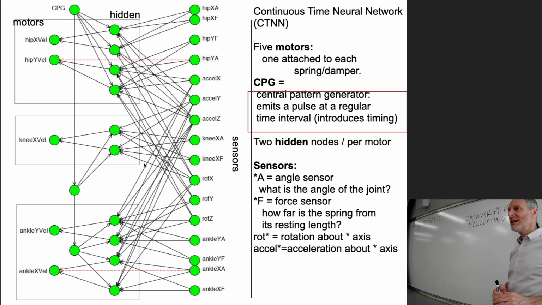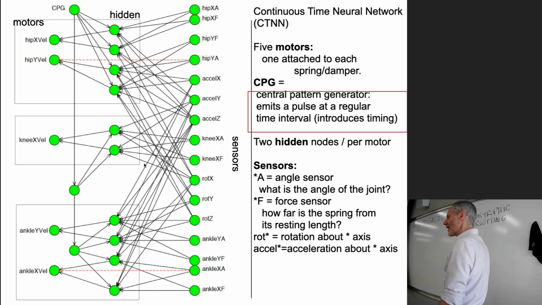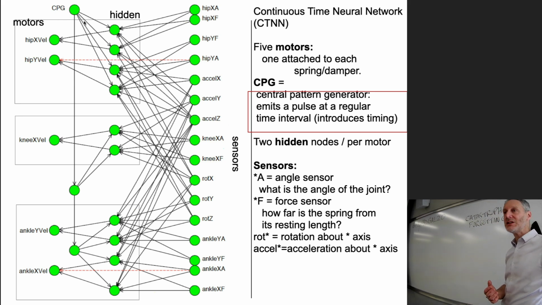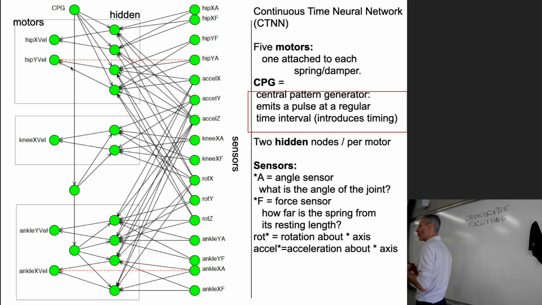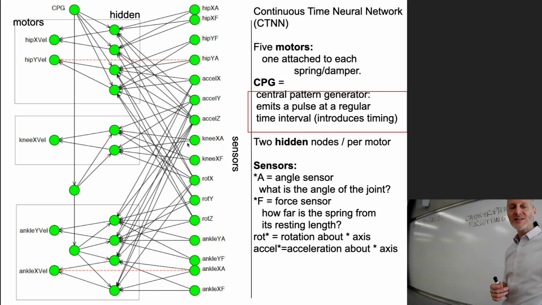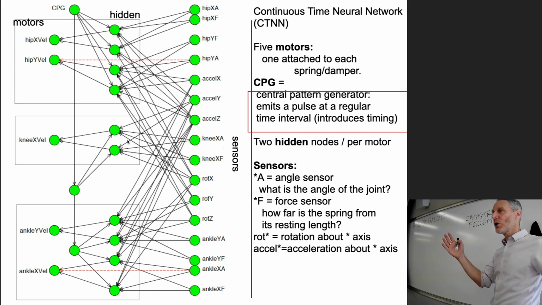Similarly, at the end of phase 1, we have a whole bunch of robots that have evolved the ability to walk, but they've sort of memorized how to walk. They know how their CPG pulses should flow to their motor neurons so that they don't fall over. Then suddenly we turn on all the sensors and all of these values start to flow into the hidden neurons and mix with the values coming in from the CPGs.